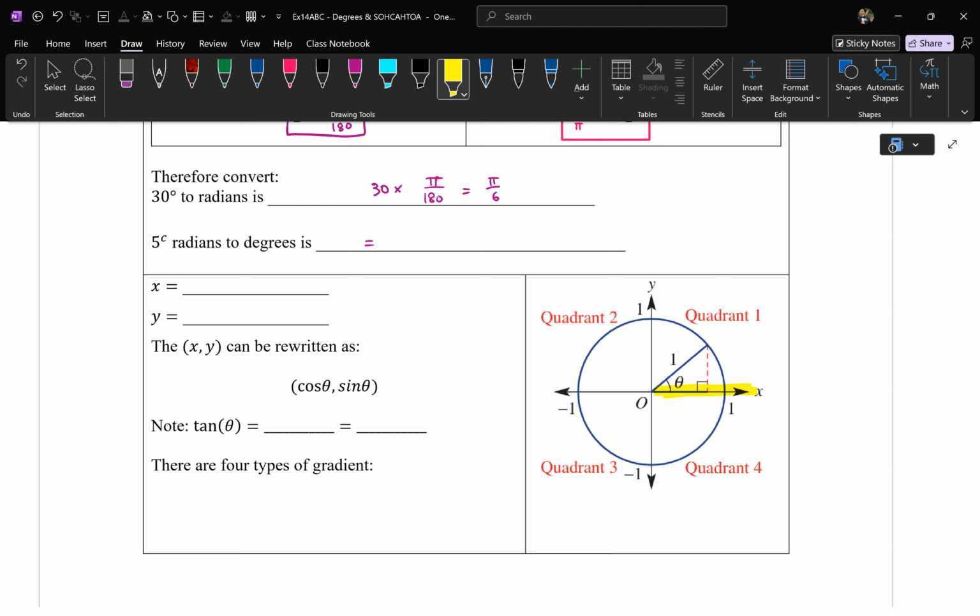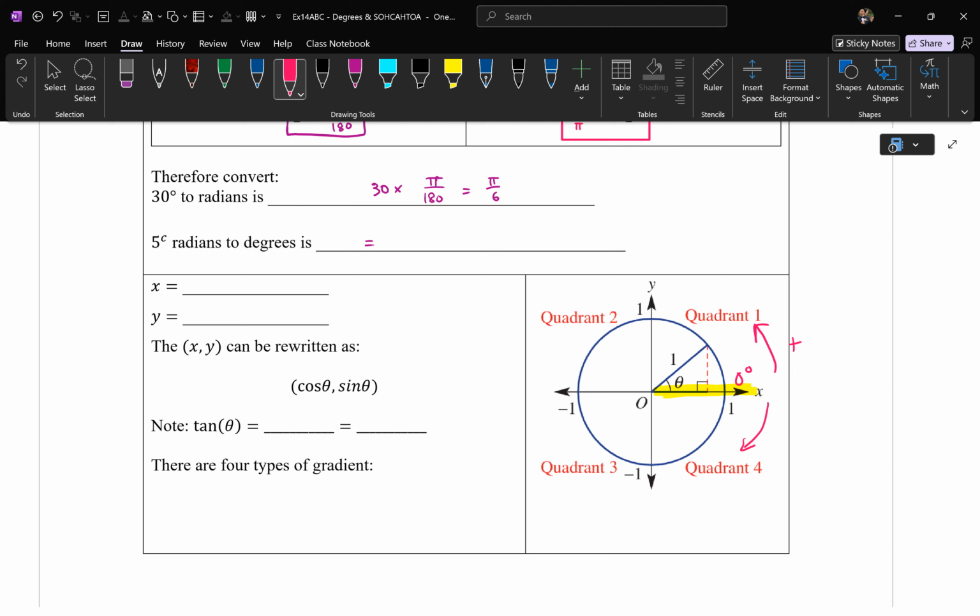That's where you begin with your protractor. That's 0. And we rotate anti-clockwise. So that's the first thing to remember. 0 degrees starts here on the x-axis, and we go anti-clockwise. So when you say 30 degrees, we always go anti-clockwise. We don't go clockwise. Notice that when you go anti-clockwise, the angle is positive.